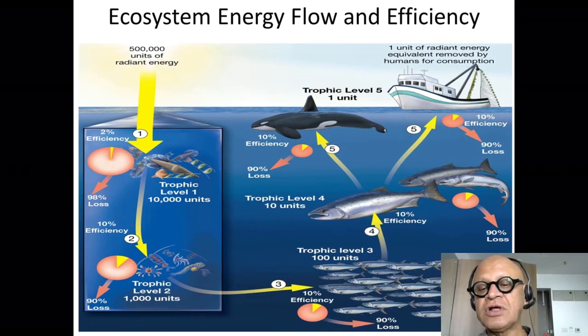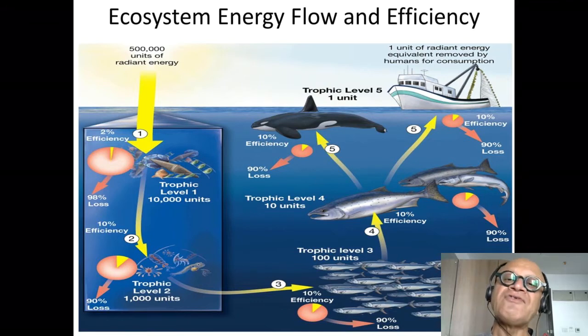At the third trophic level, you have another 10% efficiency transfer from here, so another 90% loss. You are left with 100 units of energy in level 3, up to level 4 with 10% efficiency and 90% loss.